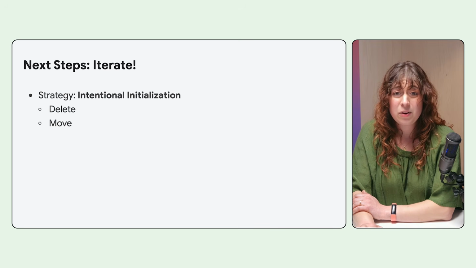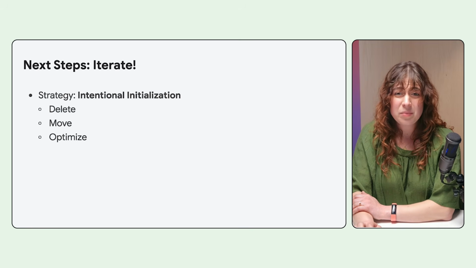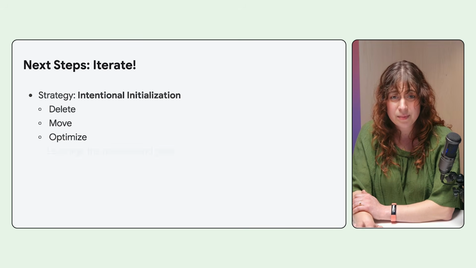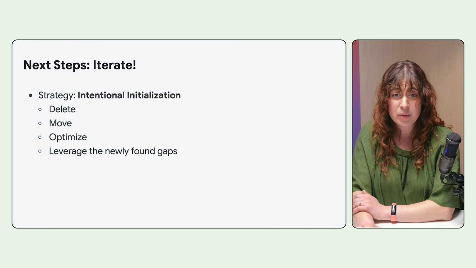Move blocks of code earlier or later, depending on by when they're actually needed. Optimize. Sometimes we're using slow methodology. And sometimes we need to break up big initialization into smaller, more easily placeable chunks. And as blocks are made shorter or removed, we can leverage the newly found gaps as new homes for initialization chunk placement. And we all love recursion.